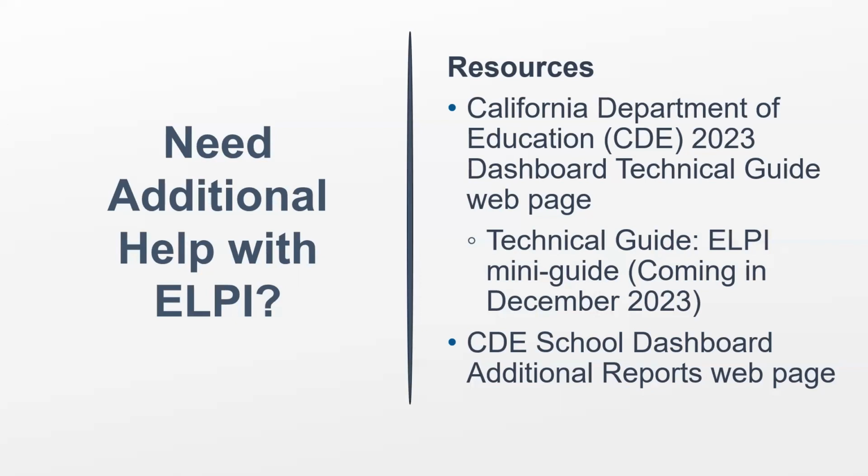Once the dashboard has been released and the school dashboard additional reports webpage has been updated, districts and schools can find LP data that is more specific than the data found on the dashboard. Justin is going to finish up our presentation with some general review of the dashboard rules.